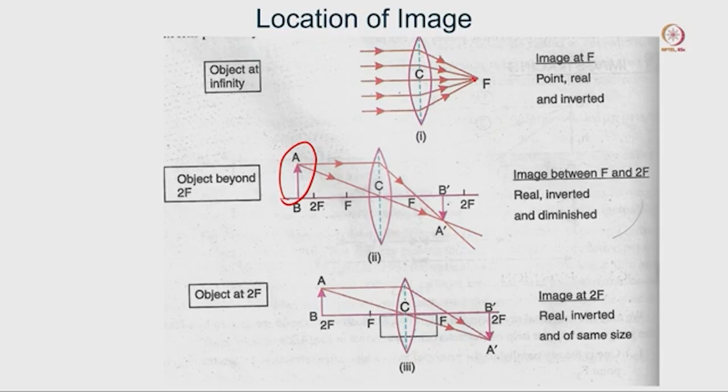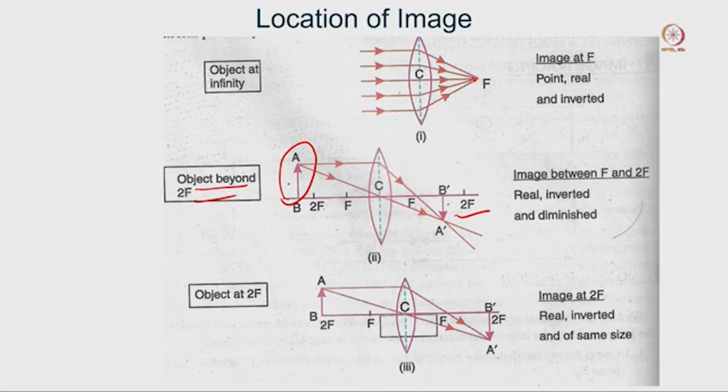So you can see again, focus point is f. So I have 1f, 2f. Here you can see this is my object. The object is beyond 2f distance. When the object is beyond 2f distance, it will form an image here. That image will be in between f and 2f, and the image size will be smaller than the object size.